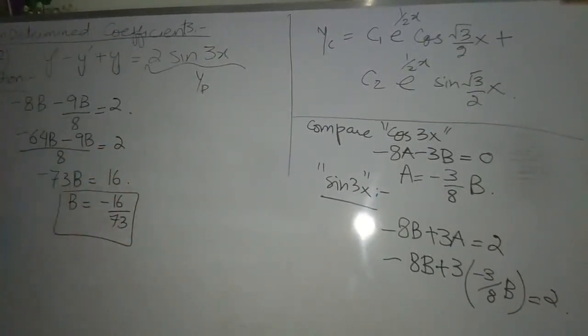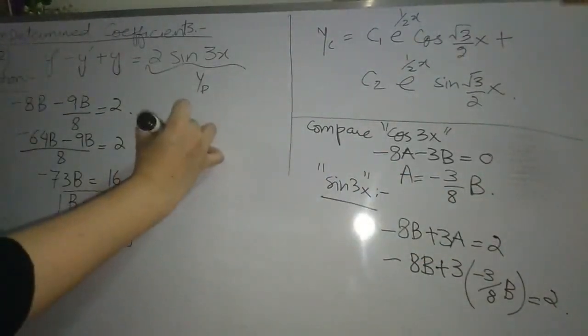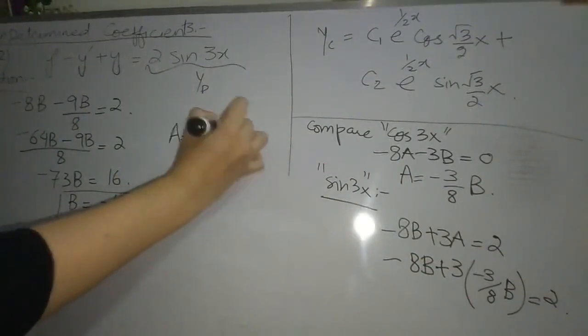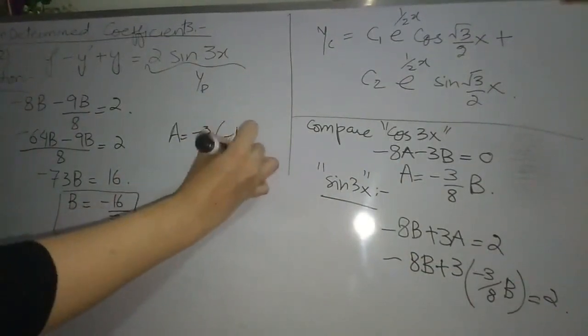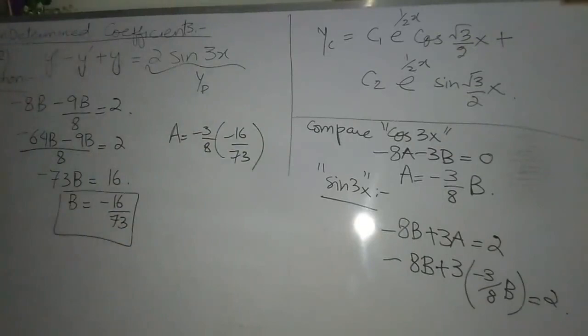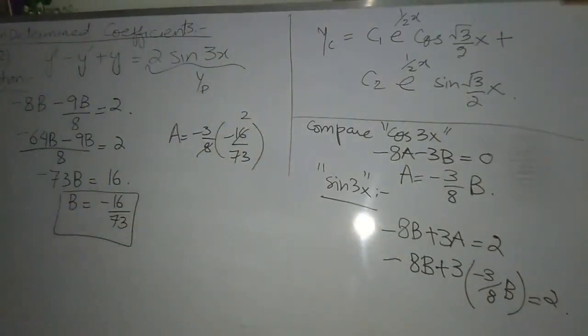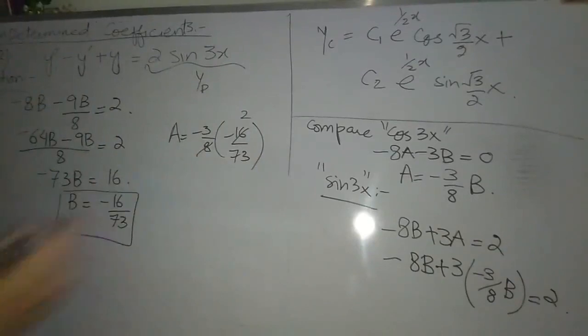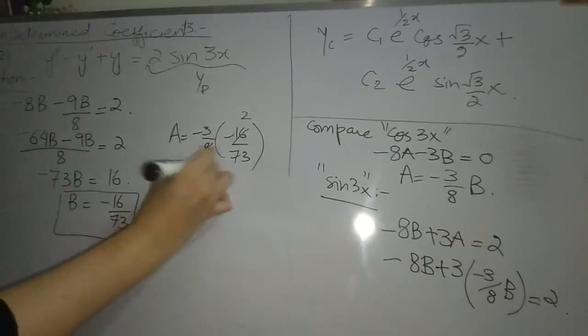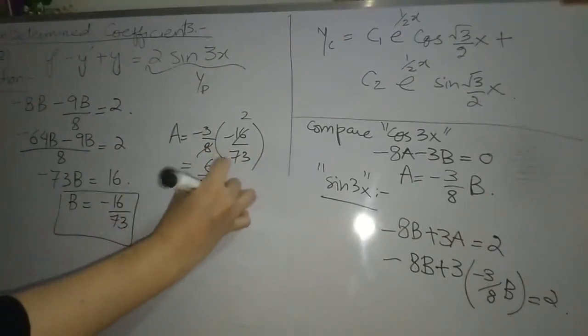So b has this value and we replace this value in a. So a becomes minus 3 by 8 into minus 16 by 73. And if I cancel it out, 8 twos are 16, and here we have plus 6 by 73.